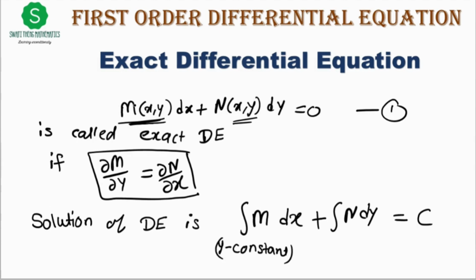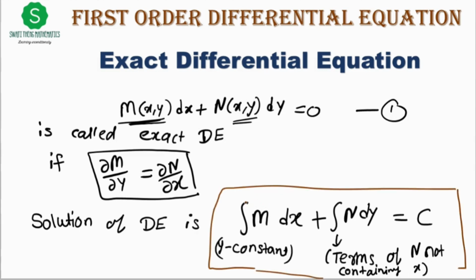From equation 1 we get the value of M, but at the time of integrating this M we have to keep y as a constant, and in N we have to take the terms of N not containing x. This is the solution of equation 1, that is, the exact differential equation solution.